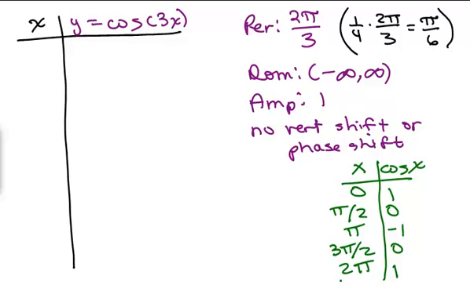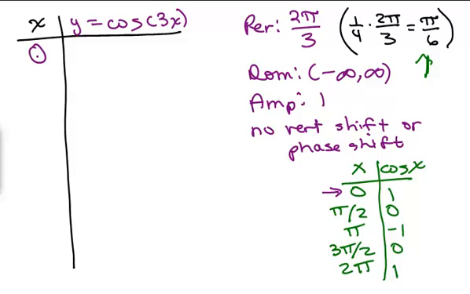So our x-coordinates will just start at the same place, at 0, since there's no phase shift. But the trick is, remember, we're going to add 1/4 the period to get the next x-coordinate. The first one is going to start in the same spot, but I want to add pi over 6 to get the next one.